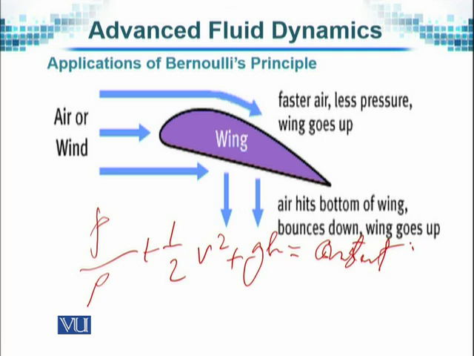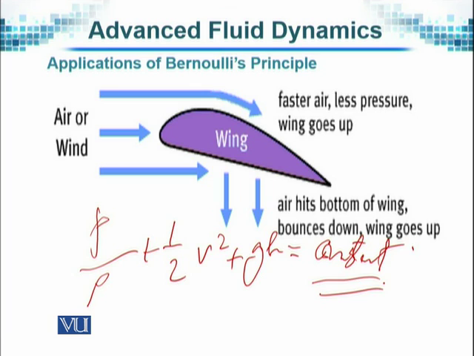What happens if there is faster air on the top? The velocity will be higher and therefore pressure reduces, because this quantity has to be constant. There is a relation between velocity and pressure: if velocity increases, the pressure decreases.